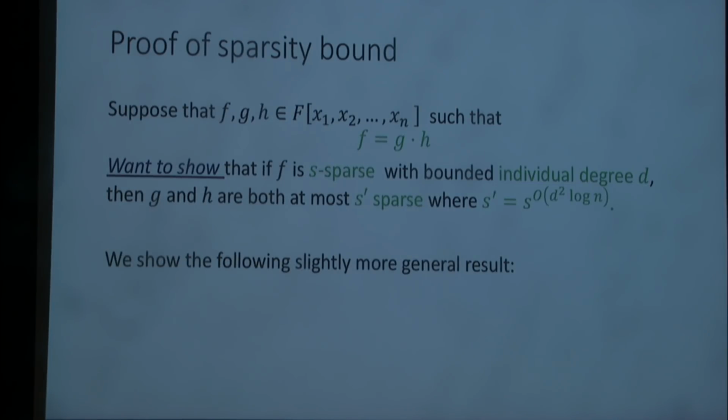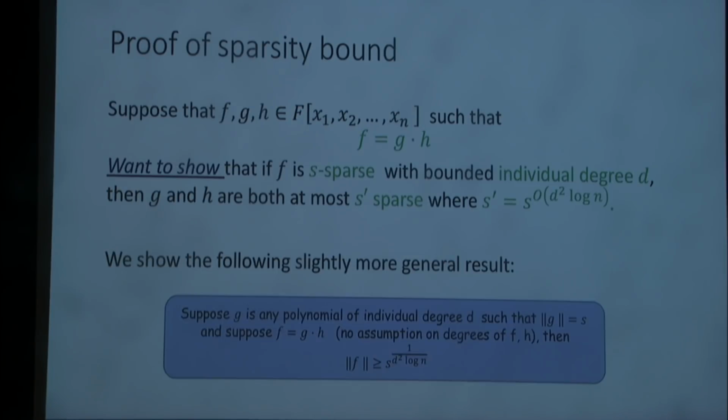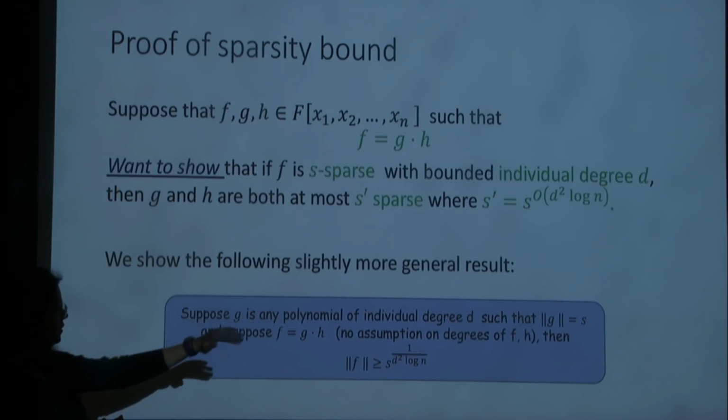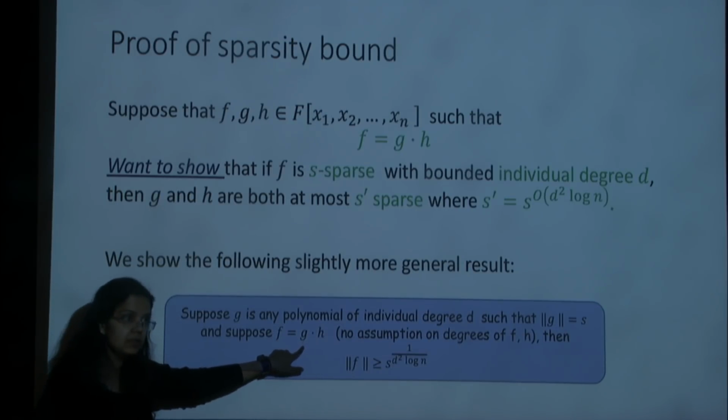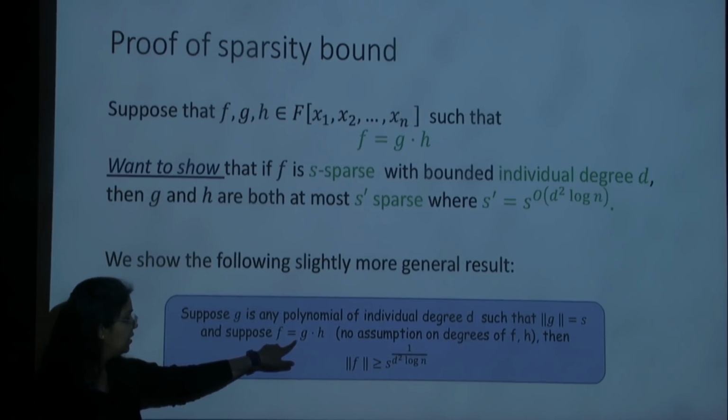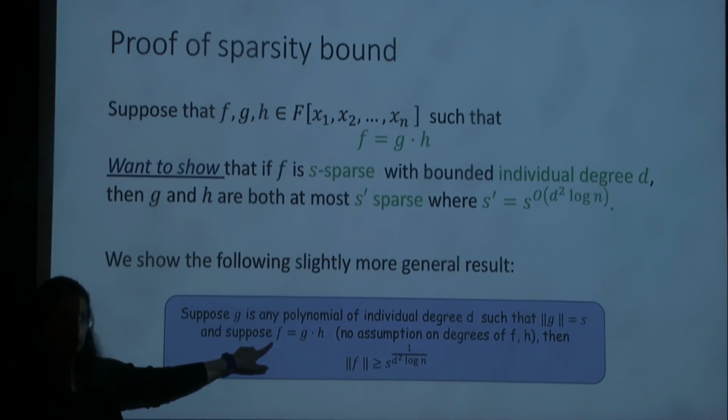We will show this slightly more general result. Suppose g is any polynomial of sparsity s, and f is g times h. So g has s monomials. Then the number of monomials in f can't be too few.